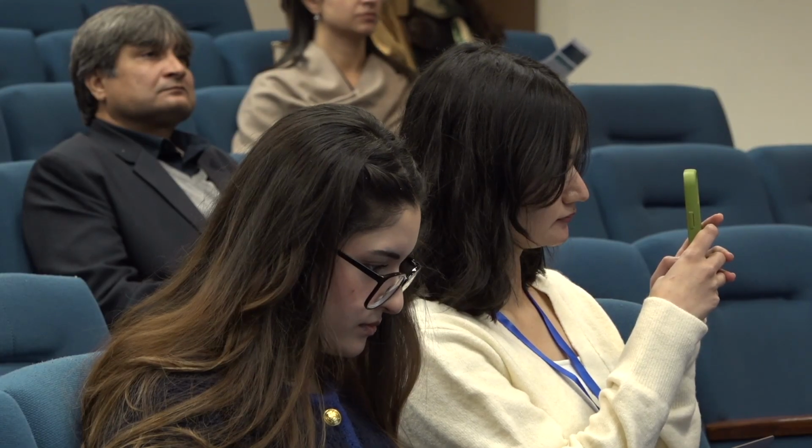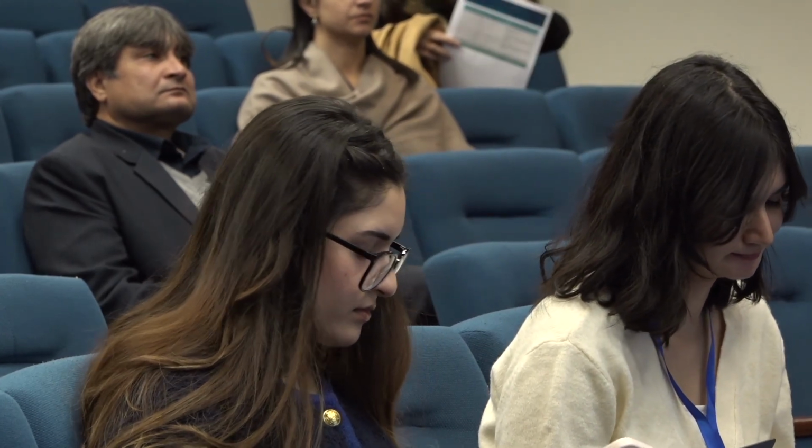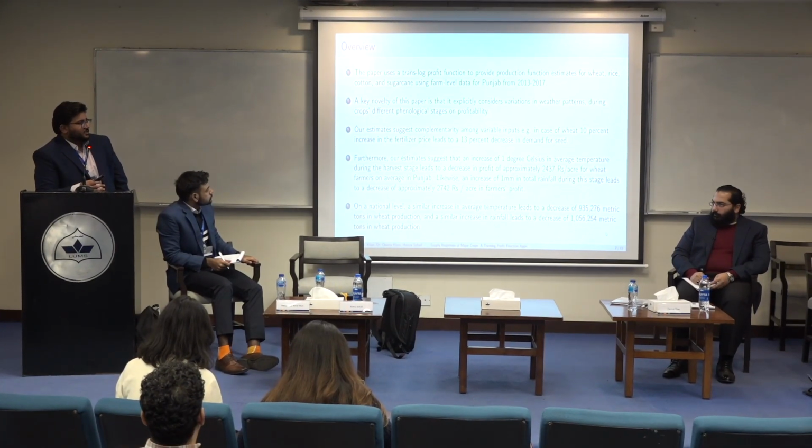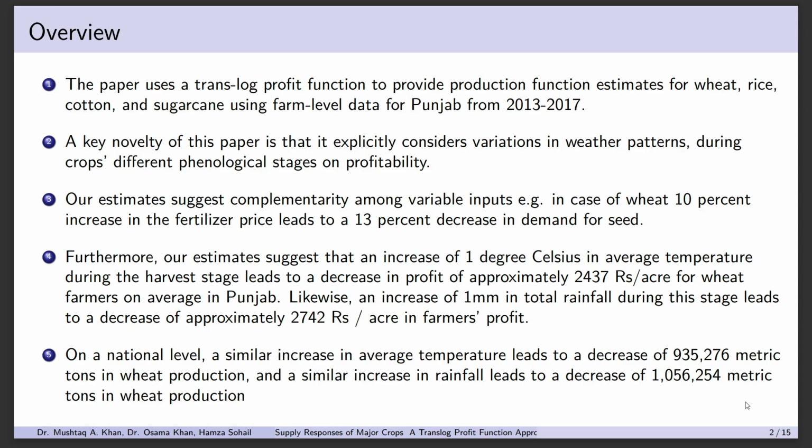So just to give you an overview, we are estimating supply responses for wheat, rice, cotton, and sugarcane. Supply responses basically tell us about the decision-making process of farmers, and the elasticities that are obtained as a byproduct from estimating these responses give us an insight into the relationship between different inputs, which all in all help us simulate policy changes.